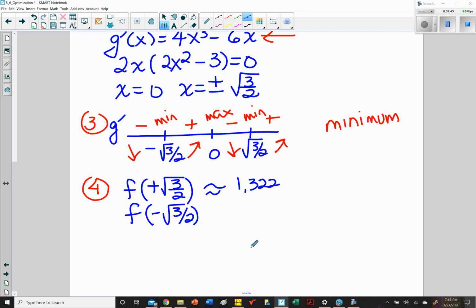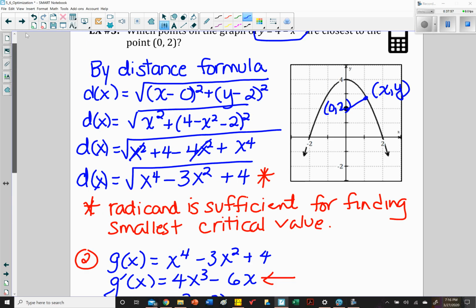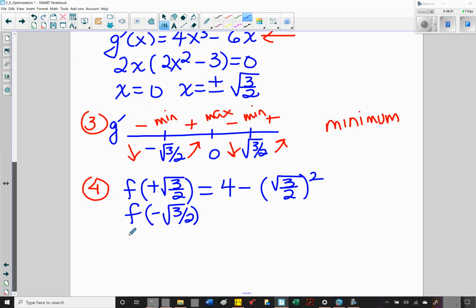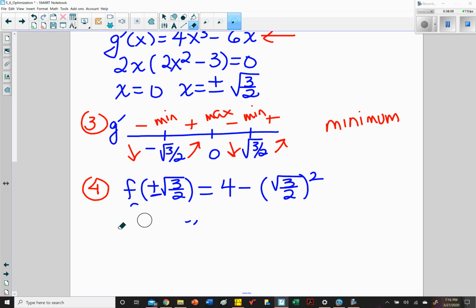We want 4 minus, hold on. I want the f of that. I left off the 4. It's 4 minus x squared. So it doesn't matter whether I do plus or minus. When we square the negative, it's still going to be positive.